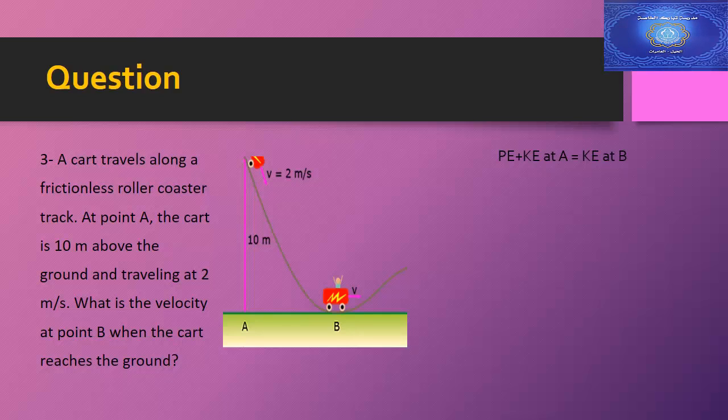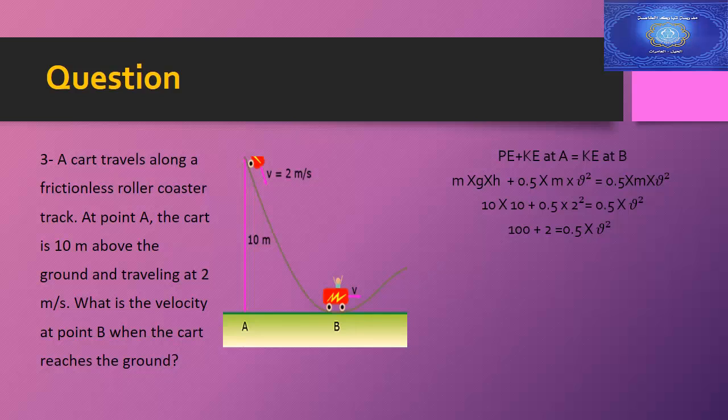He didn't give us the mass, but mass can be cancelled because it is found in all parts of the formula. So substitute g equals 10 times height equals 10, plus half times 2 squared, which is the speed at point A, equals half times speed squared at point B. So 10 times 10 equals 100, plus 0.5 times 2 squared, equals 2, equals 0.5 times v squared.